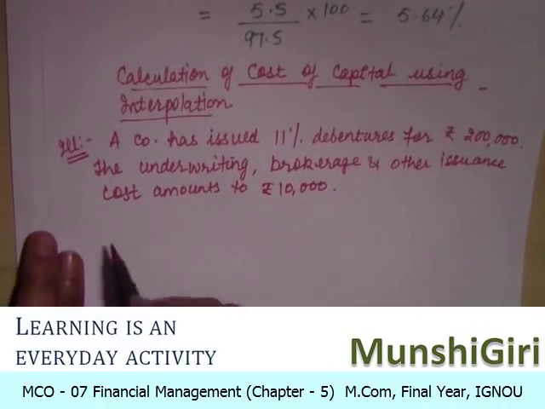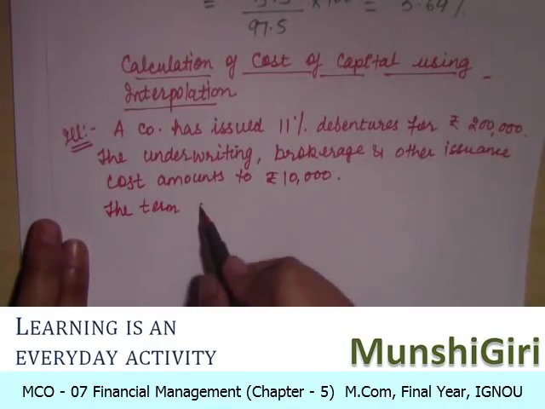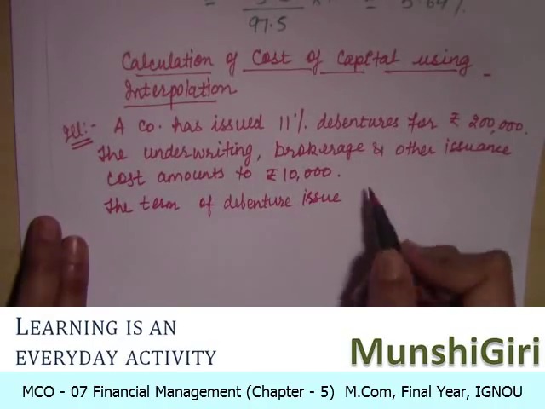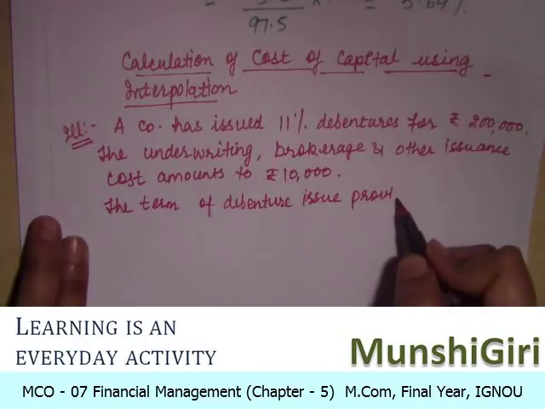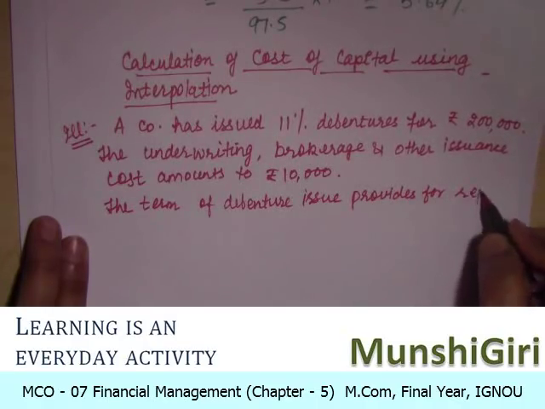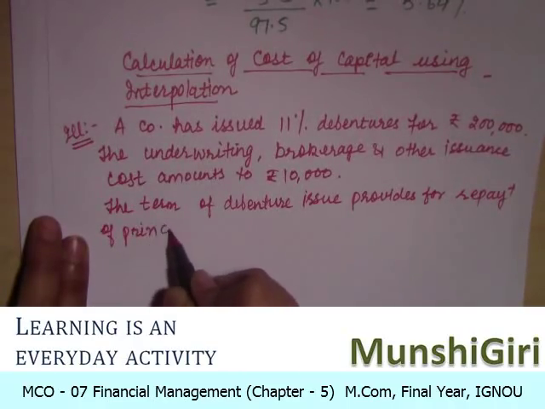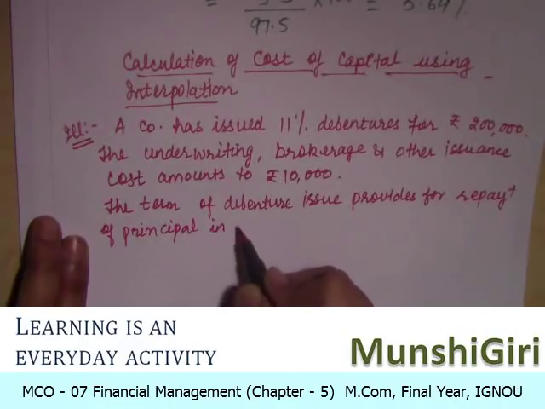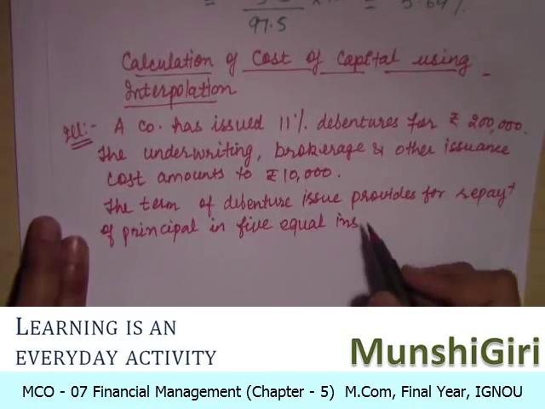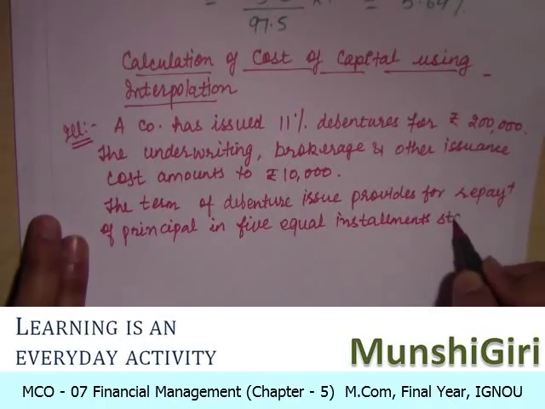The term of debenture issue provides for repayment of principal in 5 equal installments, starting at the end of first year.